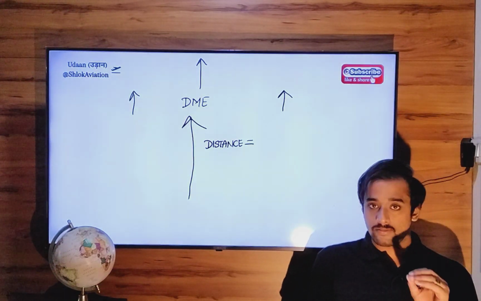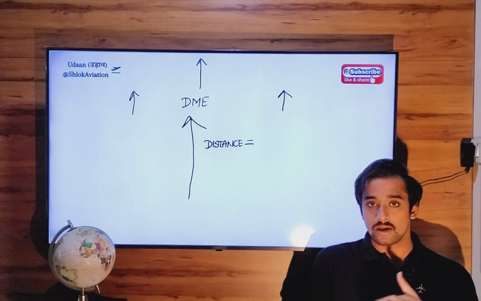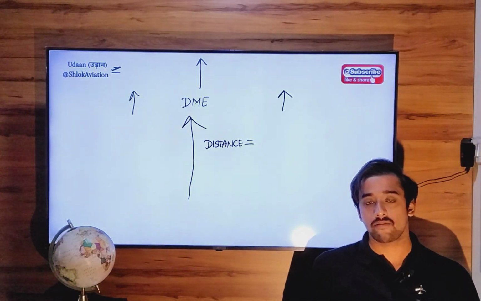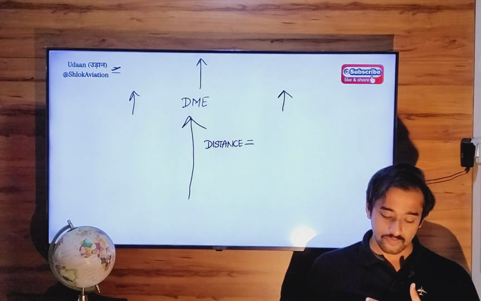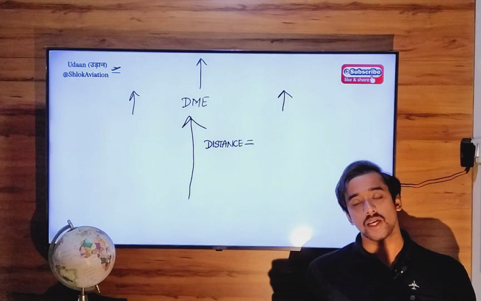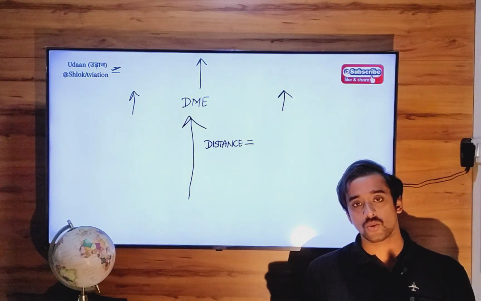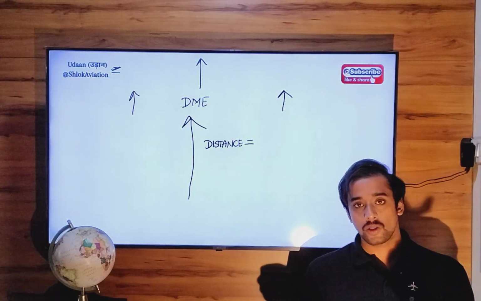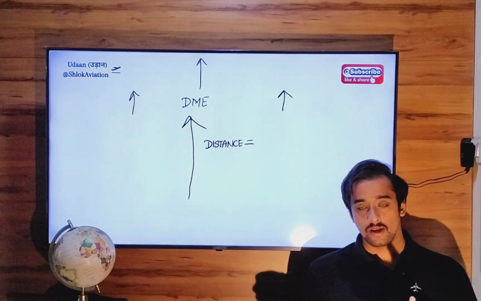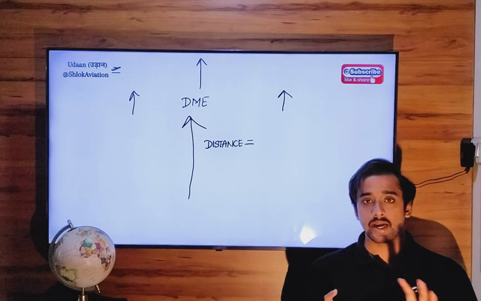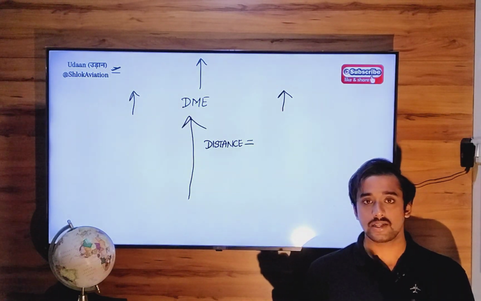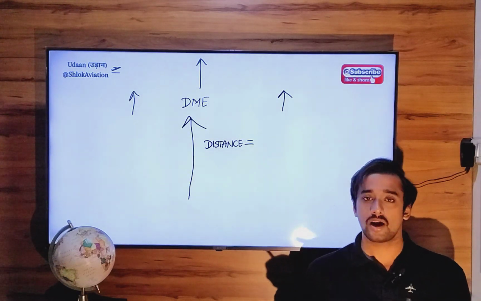Then the transponder, okay, the DME station on the ground, distance measuring equipment, and your aircraft airborne equipment. It will keep on sending signals, radio pulses towards the transponder on the ground, and these pulses will go and come back towards your aircraft. Okay, so this is called secondary mode of transmission, the secondary surveillance or secondary radar principle.